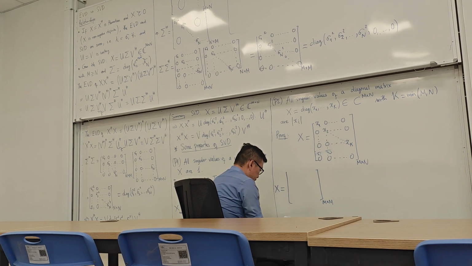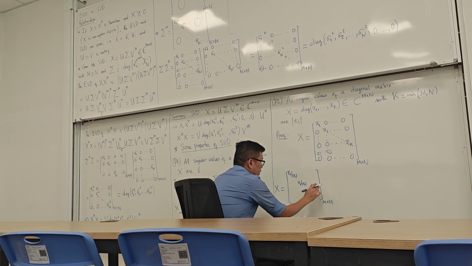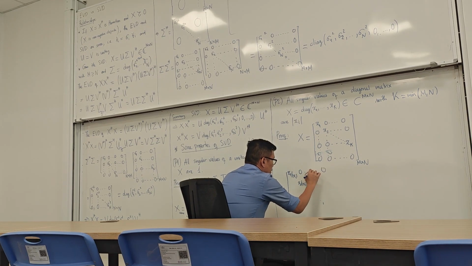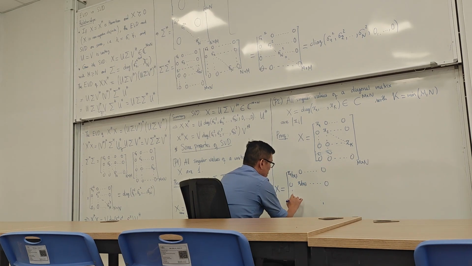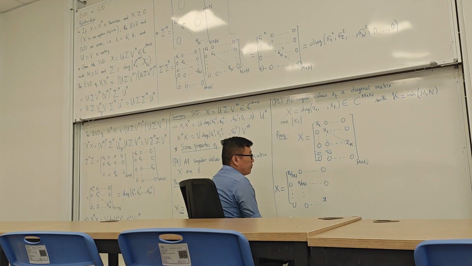And I have x1 divided by the modulus of x1, and here I have x2 divided by the modulus of x2, and so on, with 0 elsewhere.